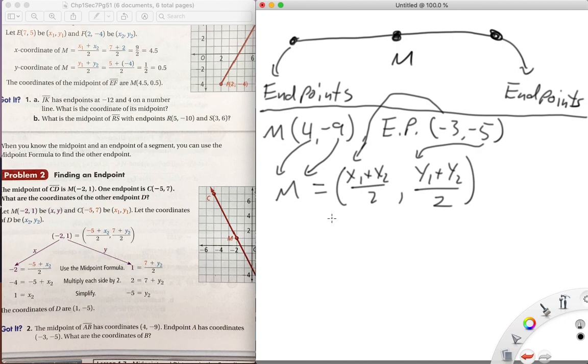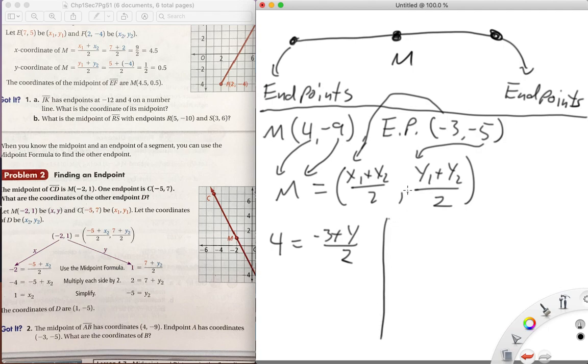So when we do this, we're going to do it for the x and the y separately. So for the x midpoint, it's going to be 4 equals -3 plus, I'm just going to put y over 2. And that's for the x midpoint.